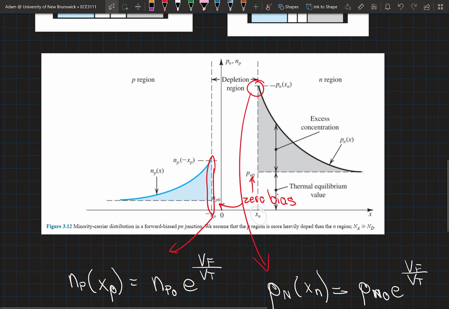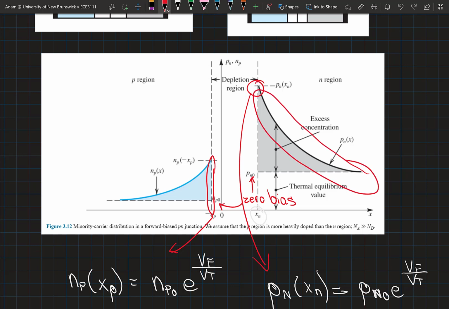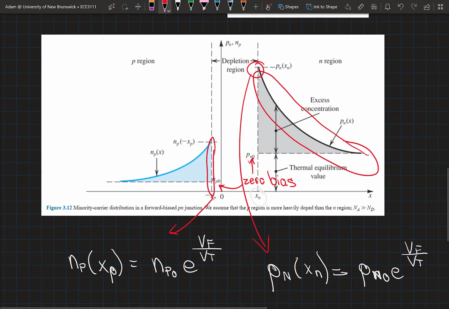We'll also note from this diagram the decay in the excess concentration due to this forward bias as we move into the material.